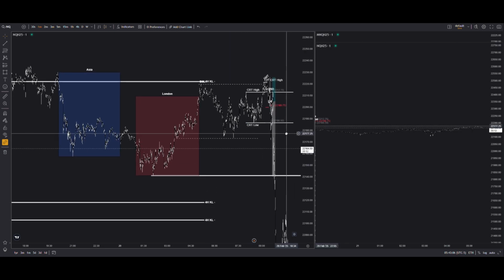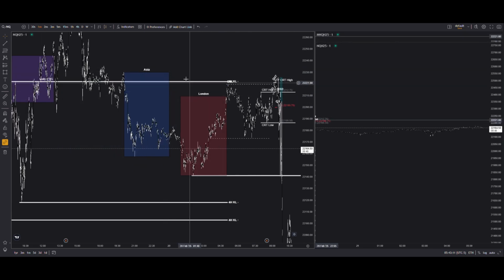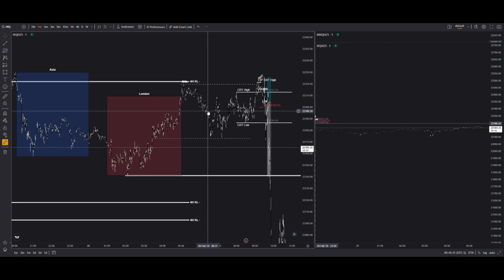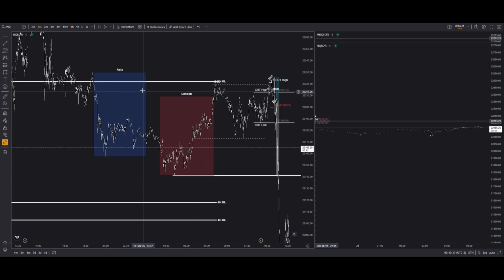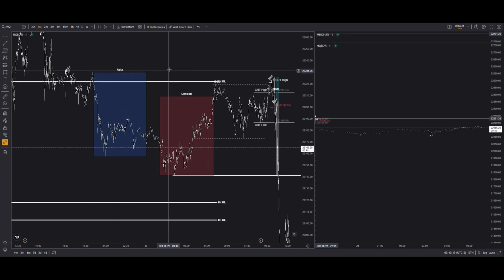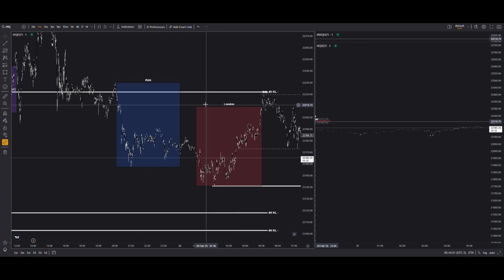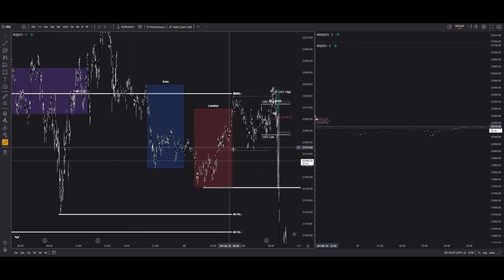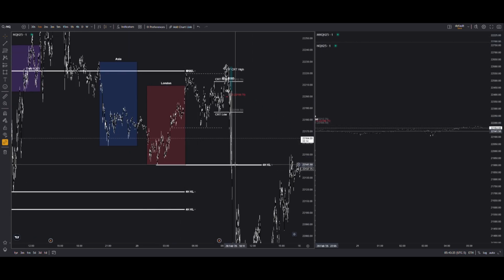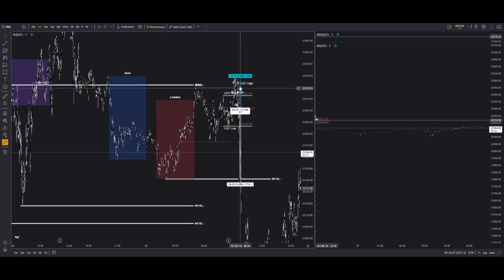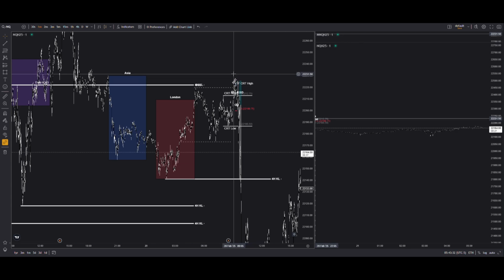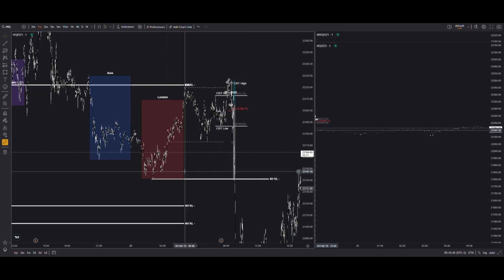However, given the bearish bias, the premium market, the bearish PD arrays, I would not have been too mad about this not hitting Asia highs. But the main thing was we did end up taking London lows. See, we tapped into a key level, we created the high, we created SMT, and then targeted the sell side liquidity, which is the 4-hour swing low.